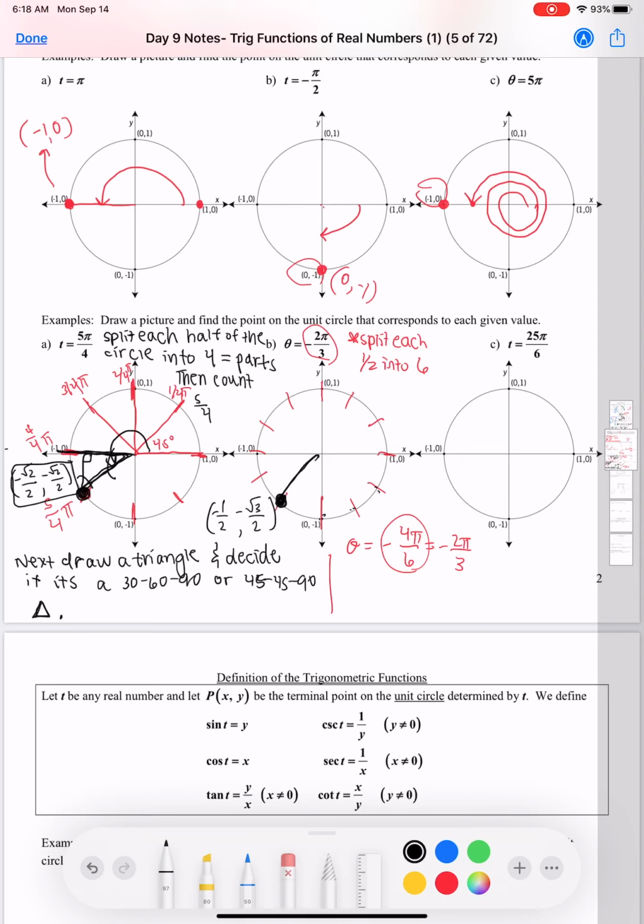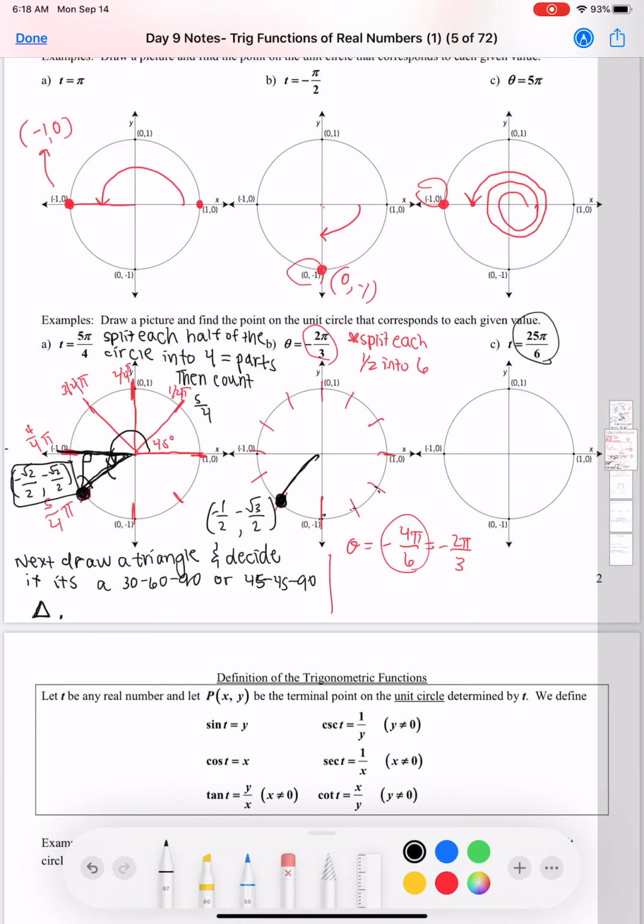Okay, so last one, we have 25 pi over 6. And so this guy is obviously extremely large and well above 2 pi. So we want to find a coterminal angle, so I'm going to basically just subtract 2 pi until I get to a value that's between 0 and 2 pi.